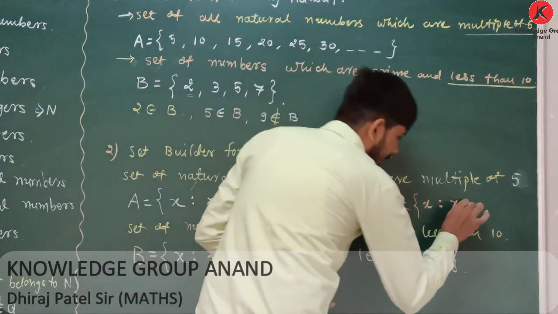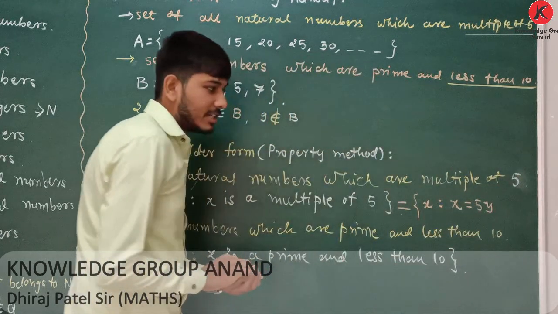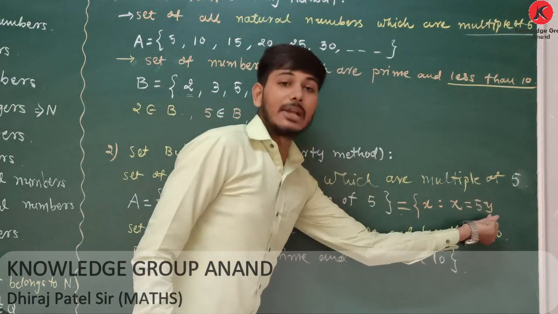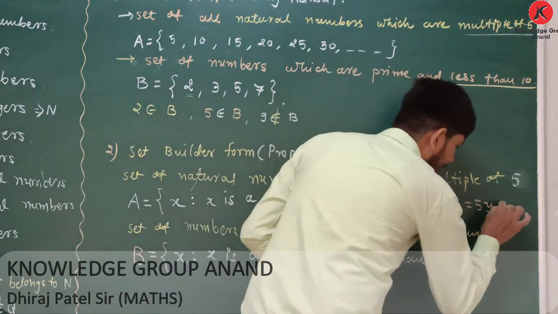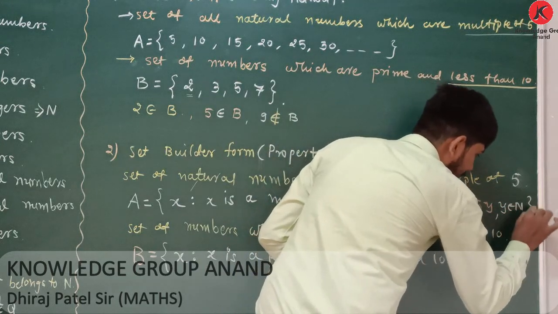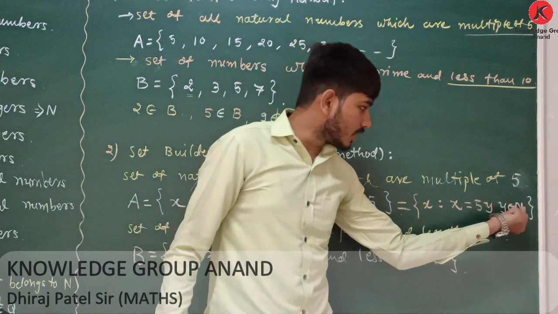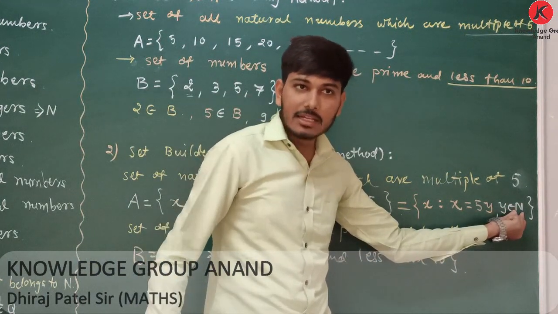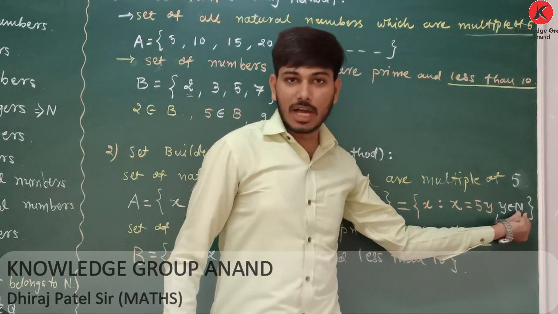That means x equals 5y, where y belongs to capital N. See here, y belongs to capital N. Therefore, we have to put the value of y one by one from set N.